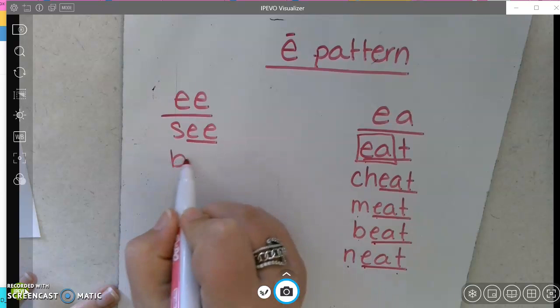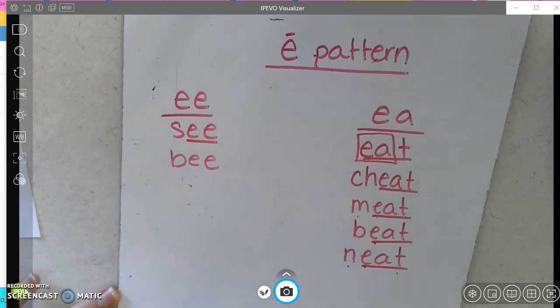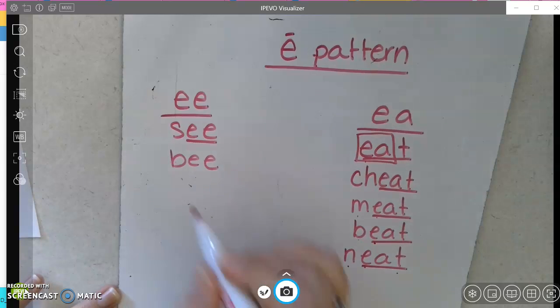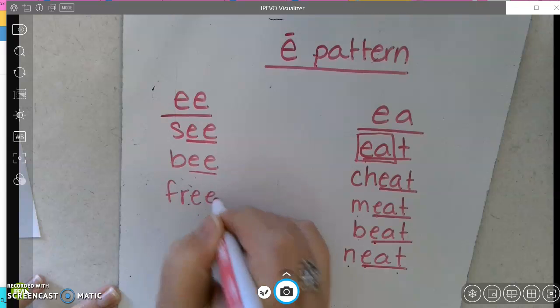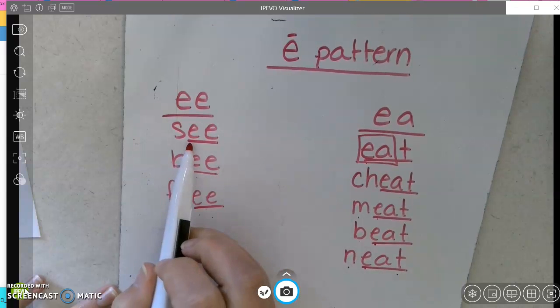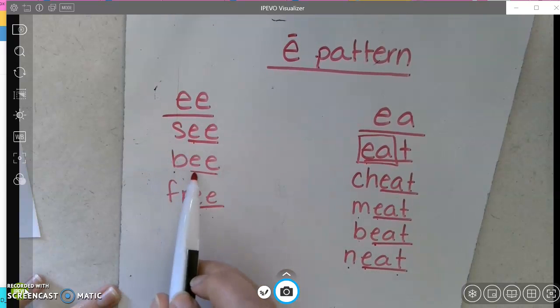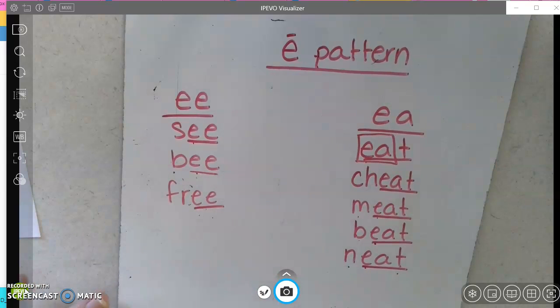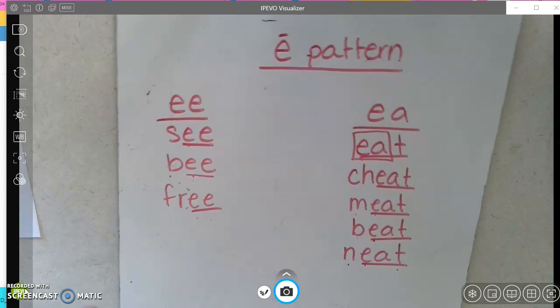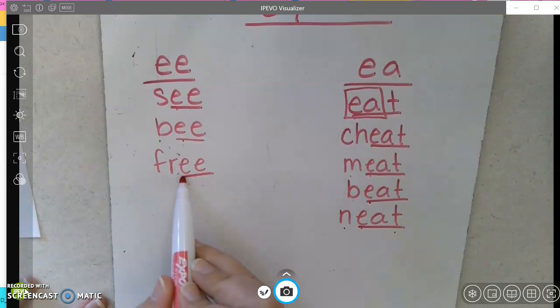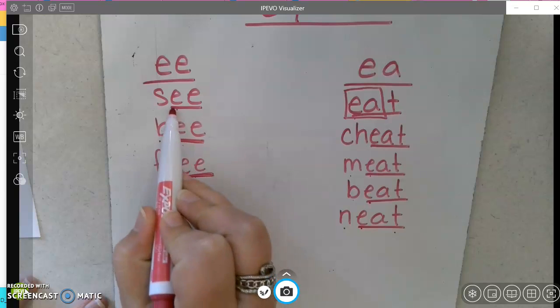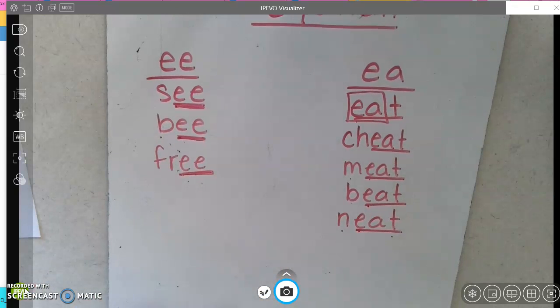I can think of bee, and again, I hear E. Bee, fee. Okay. So all of these words are rhyming because they all have the same ending sound, but they also have the long E pattern.